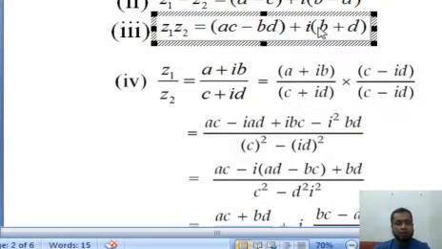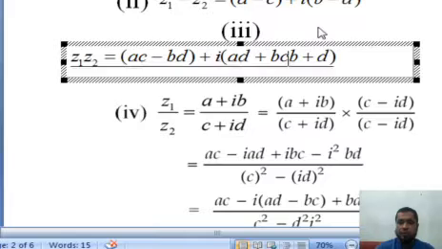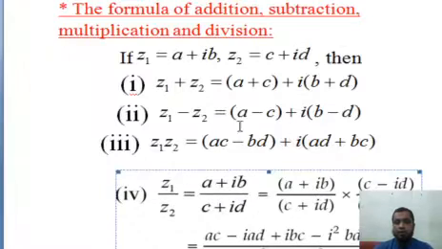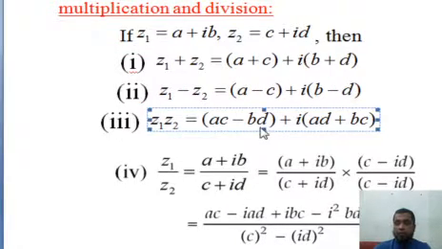I hope you can understand the product formula. Real parts a and c, then ib and id, the product of ib and id is minus bd, that's why minus bd, plus the imaginary part is a into id and c into ib. From that we can write down the product formula.